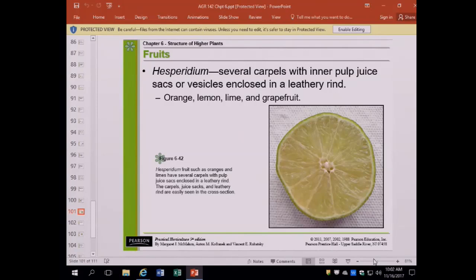A navel orange generally has no seeds as compared. You'll get pink grapefruit, which generally have very few seeds compared to a white grapefruit, which is going to have numerous seeds. And it says the leathery rind. That's the outer protective portion of the peel of the orange, grapefruit, or whatever that might be.